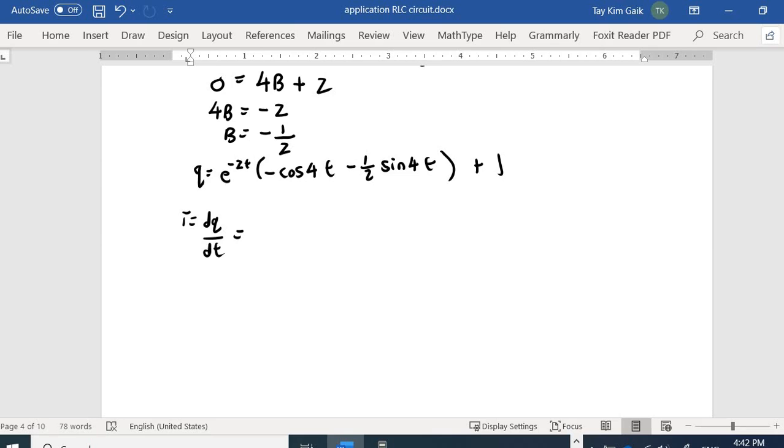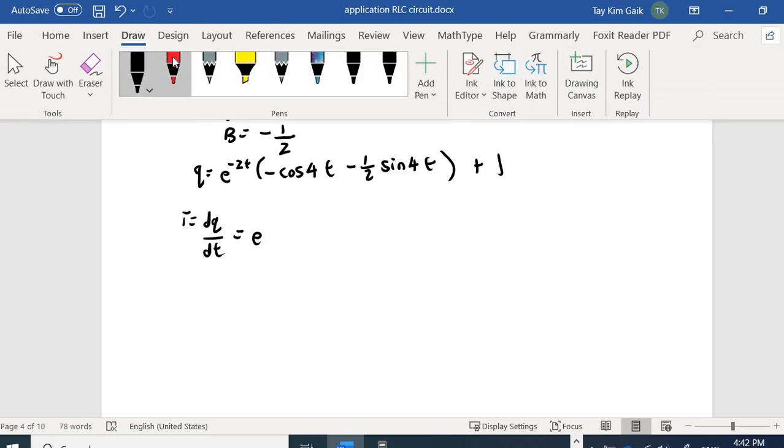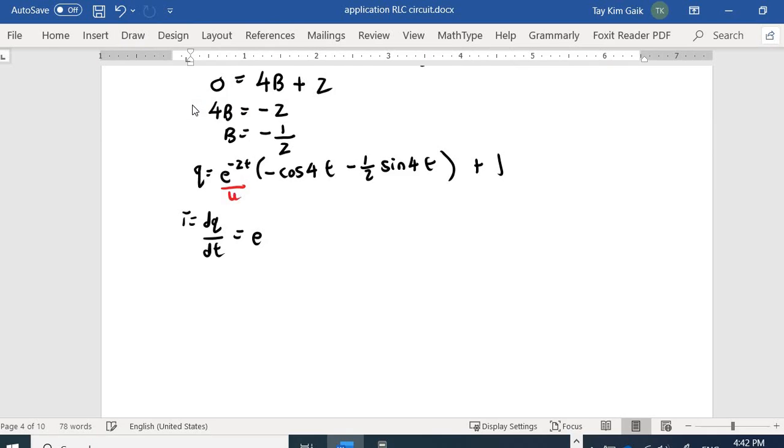So dq/dt. Again, we have Q. Differentiate your B, so positive 4 sin 4t. Differentiate this one, so we have negative 2 cos 4t.